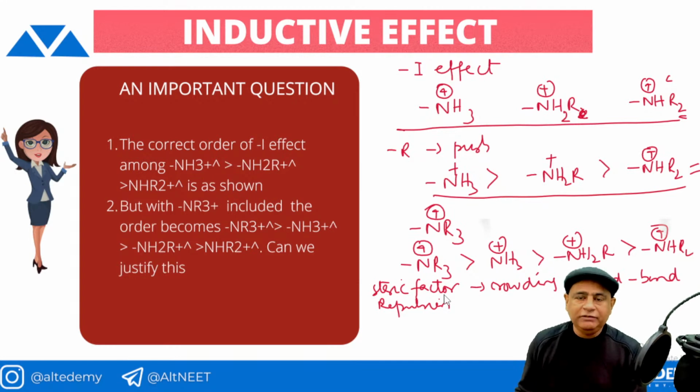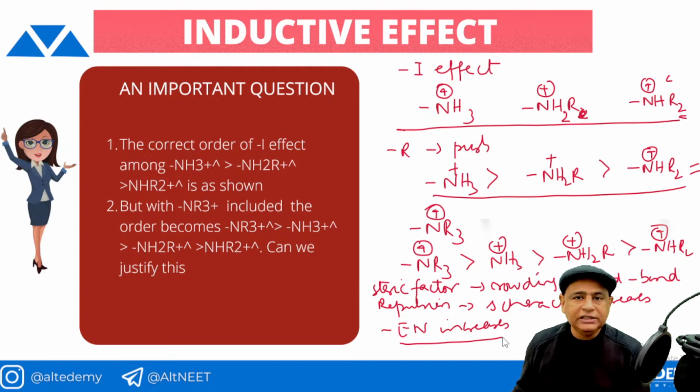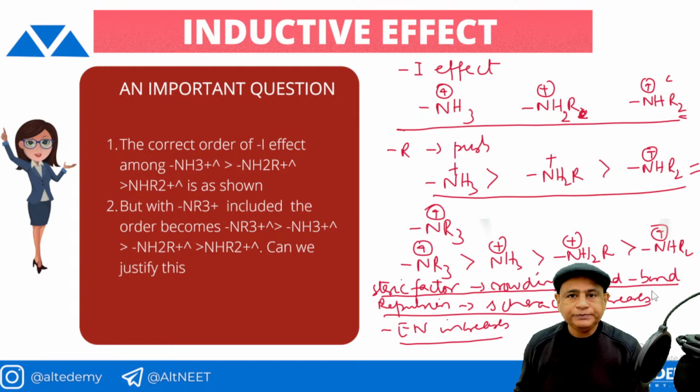If the bond-bond repulsion takes place, the respective species start shrinking and the size tries to become small, and we say technically the S character increases. And when S character increases, electronegativity increases. Directly saying that steric factor leads to an increase in electronegativity will not carry that much weight, but you should always remember that whenever you talk about steric factor, it goes this way.